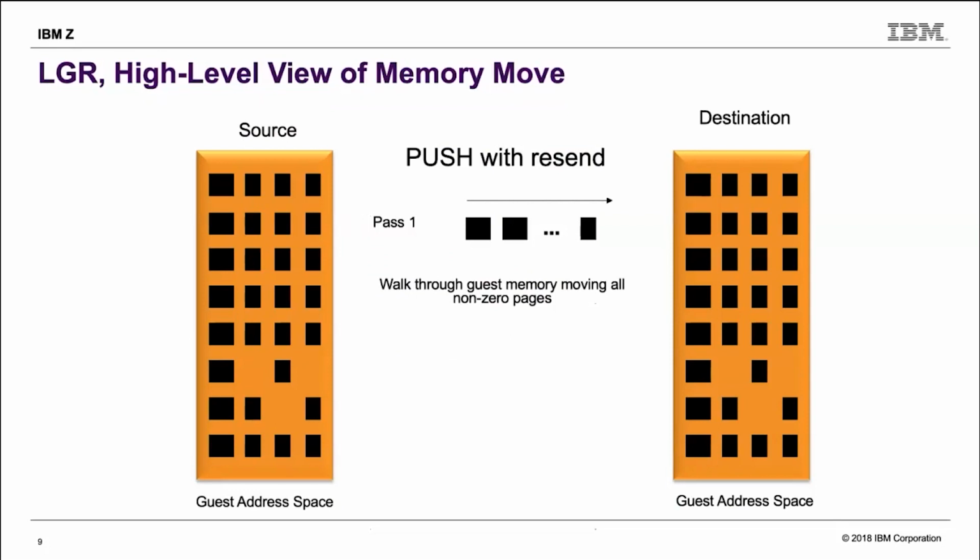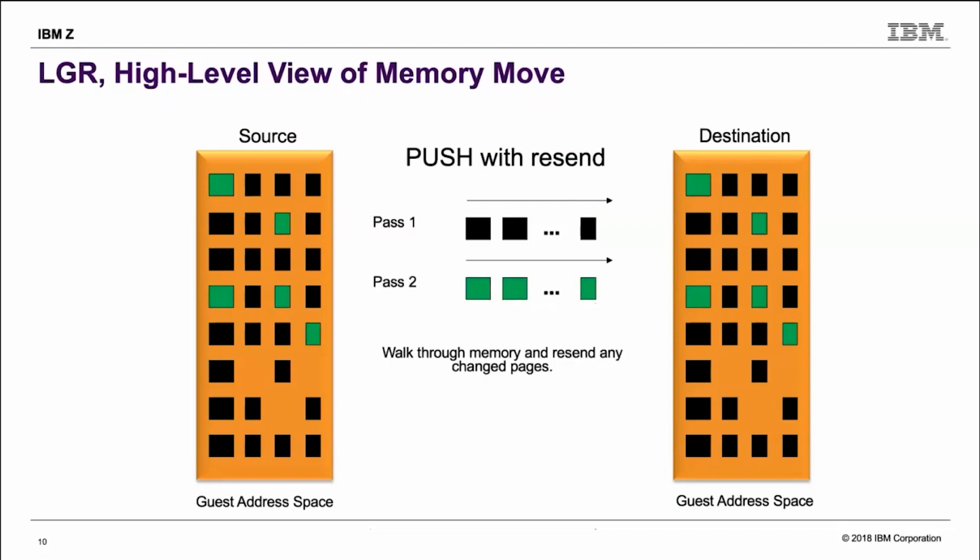But remember that our guest is not stopped. So he's still referencing and changing pages. So this is a process that we need to walk through iteratively. On subsequent passes through our guest DAT structures, we're going to try to find any of the pages that have changed since our last pass through. That way, we're keeping our destination side skeleton in step with our running guest from a memory standpoint, at least to the best of our ability.